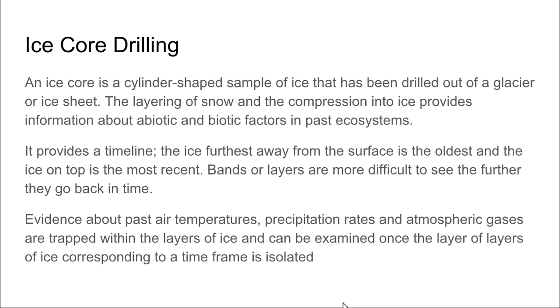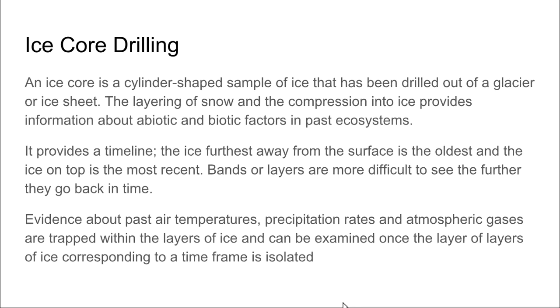When we look at ice core drilling, we need to drill into layers of ice, and this is usually in the form of a glacier or an ice sheet. An ice core is a cylinder-shaped sample of that ice. Due to the layering of snow and the compression that this causes, they do in fact provide information about abiotic and biotic factors in past ecosystems. The ice furthest away from the surface is the oldest, just like rock layers, and the ice on top is the most recent. However, the bands or the layers are much more difficult to see the further they go back in time.